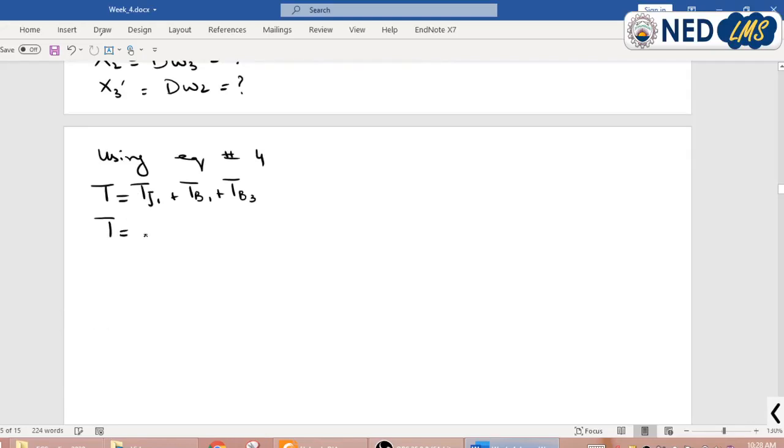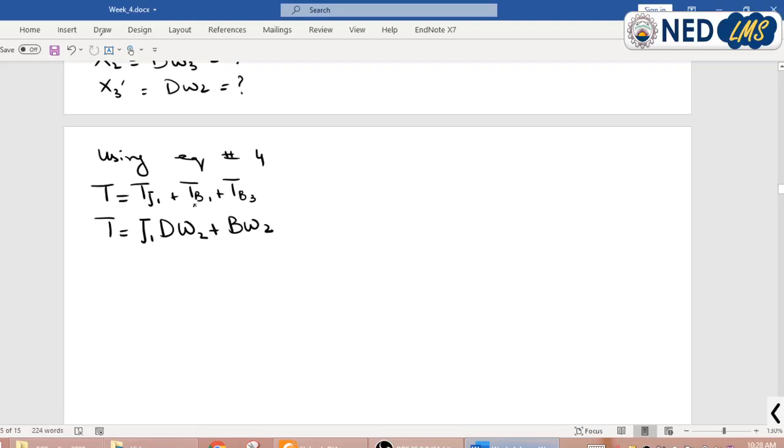Torque due to J1 can be written as J1 d omega 2. This is because at node 2 I can write d omega 2, alpha 2. Alpha 2 means angular acceleration.